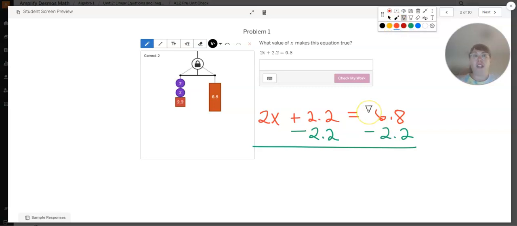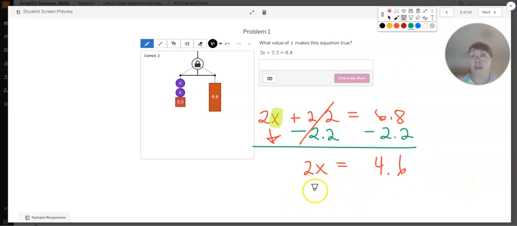Whenever we're trying to solve these types of equations, we want the x to be alone. So here's our x. We want that to end up being completely alone. So first we'll get rid of 2.2 by subtracting it. Then we're just left with 2x equals 6.8 minus 2.2, which is 4.6.